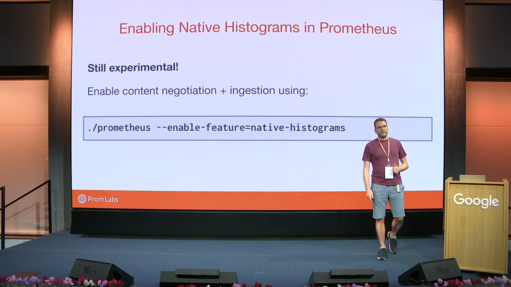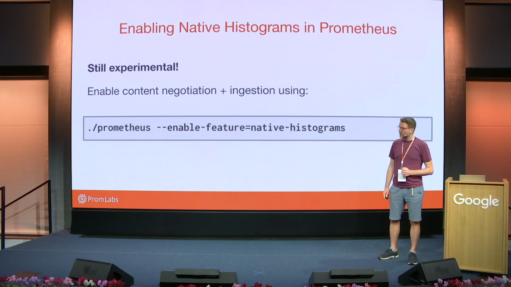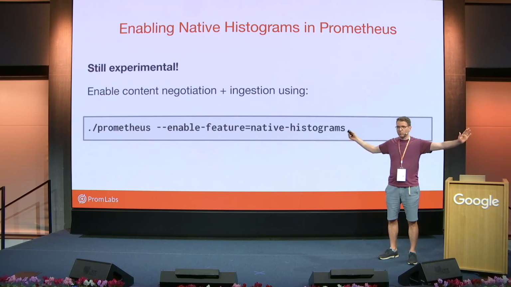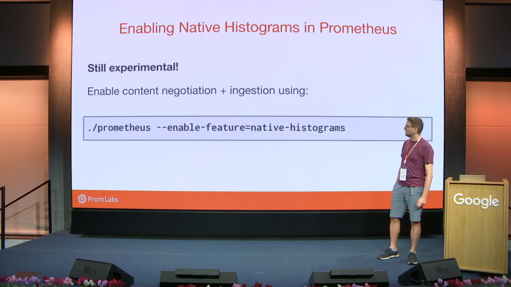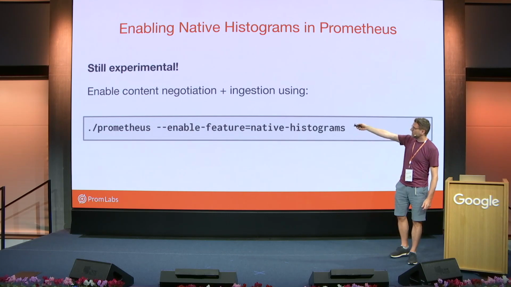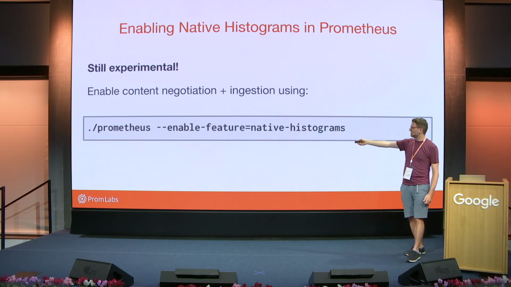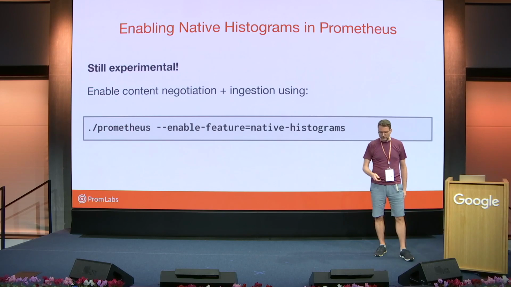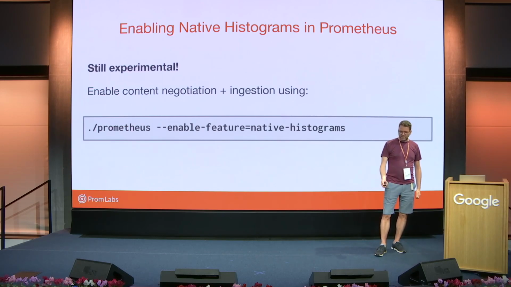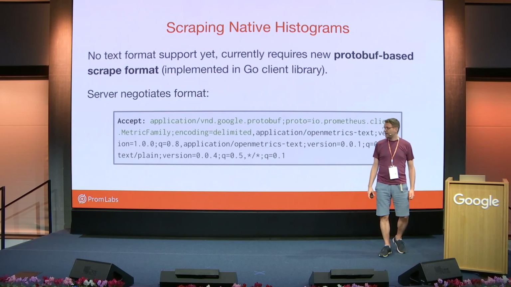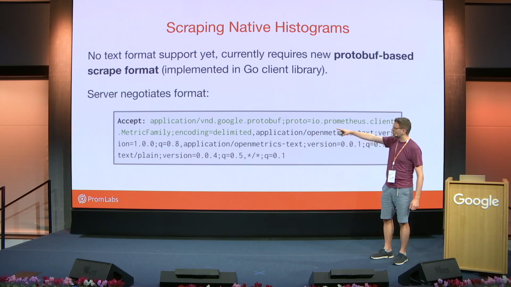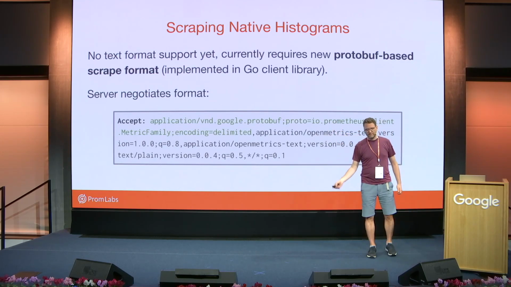How do you enable this in a Prometheus server? Currently, hazard warning, it's still experimental, but you can turn on the content negotiation for it and the ingestion using a feature flag, native histograms it's called. And that will cause Prometheus to send out an accept header that includes a new protobuf-based scrape format.